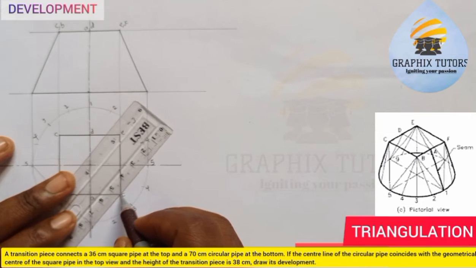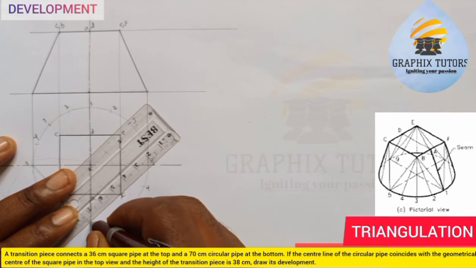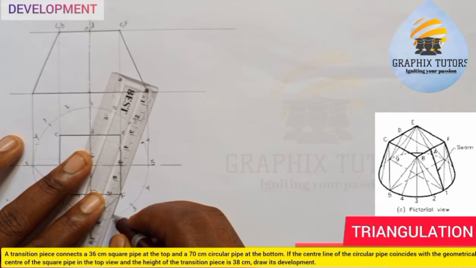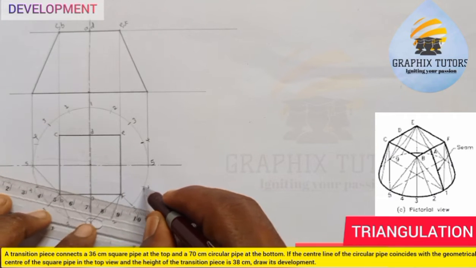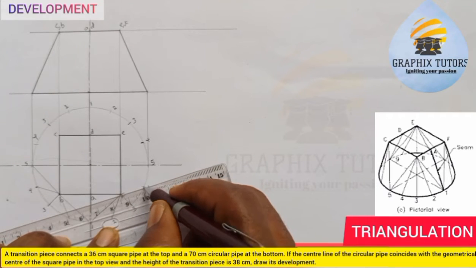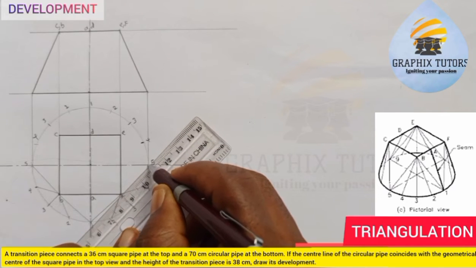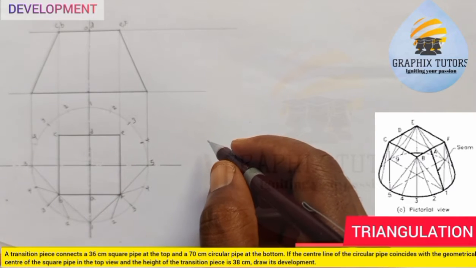So I'll come to this point here. I'll mark from F to 1, F to 2, F to 3, faint line, F to 4, right, and F to 5. Can you see that?